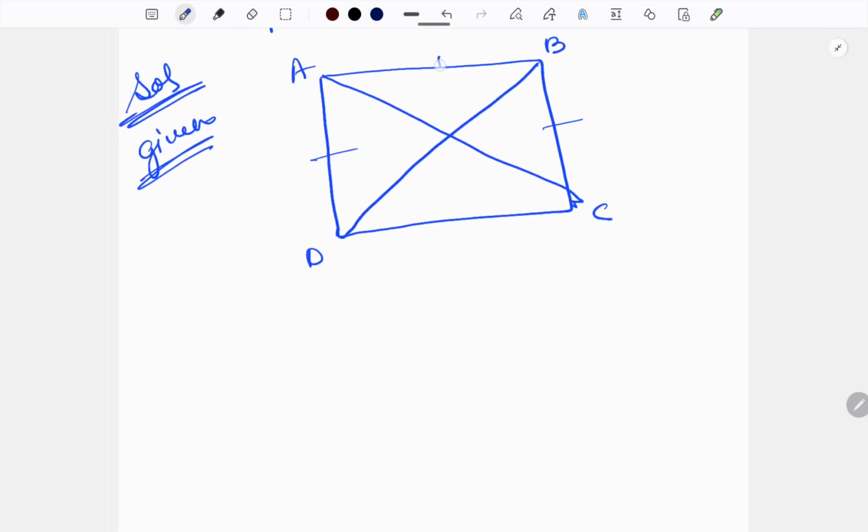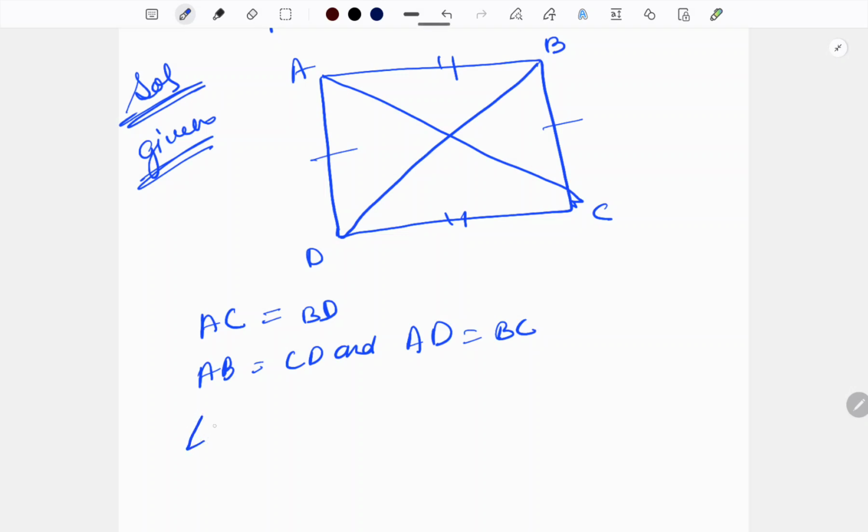Diagonals are equal, so AC is equal to BD, and since ABCD is a parallelogram, AB will be equal to CD and AD will be equal to BC, because opposite sides of a parallelogram are equal. This we have already proven yesterday. Now we have to prove that ABCD is a rectangle.